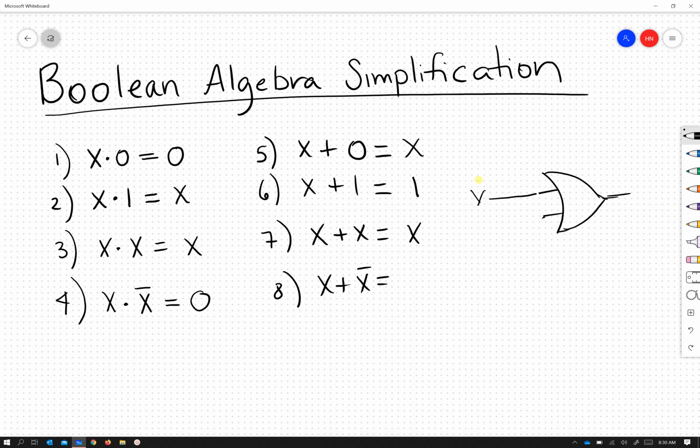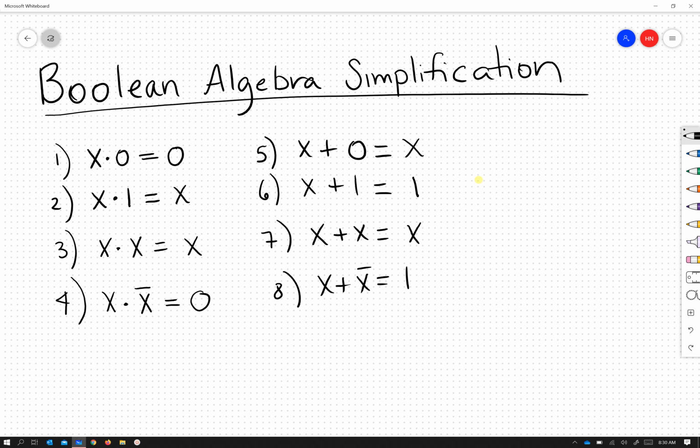So if X is going to the top and then we invert it going to the bottom input, there's always going to be opposites. If X is a 1, the input over here is going to be a 0, and there's going to be a 1 at the output. If X is 0, its opposite is a 1, and it's still going to be a 1 at the output. So no matter what, for opposites, the output's always going to be a 1.